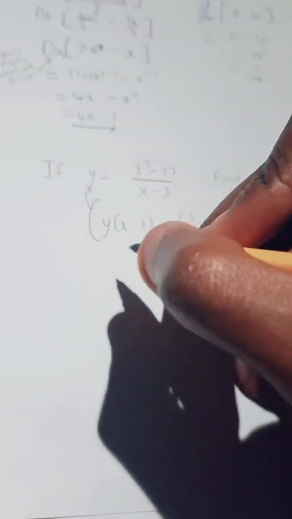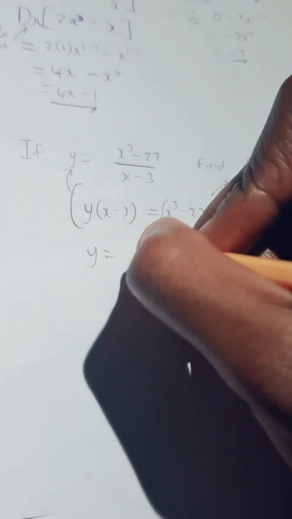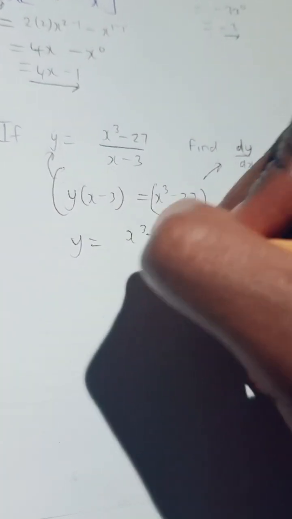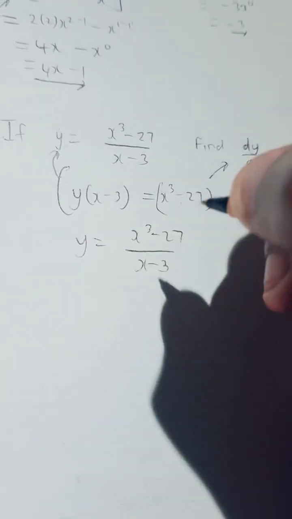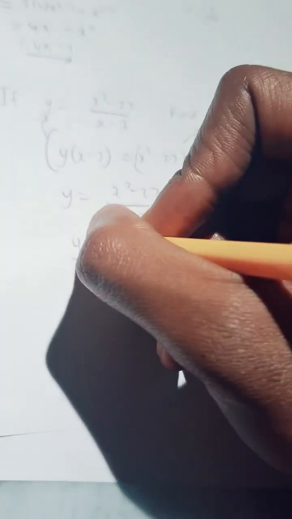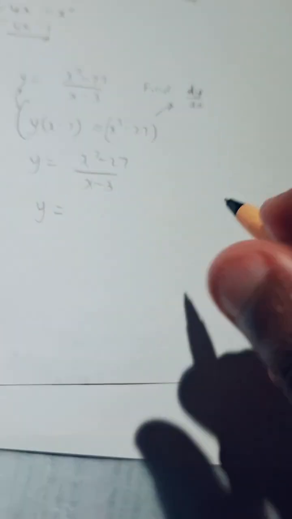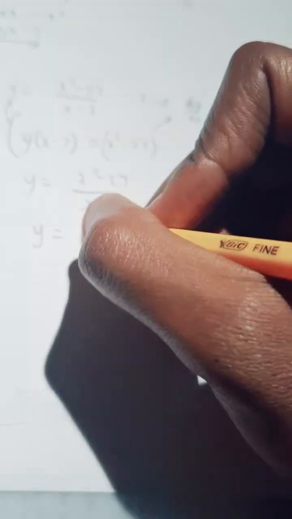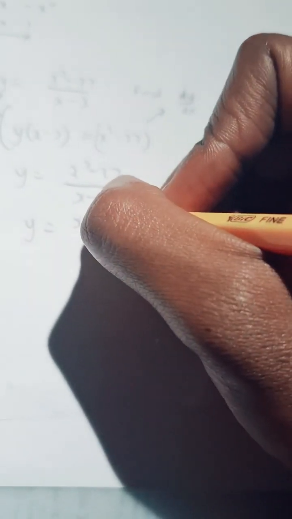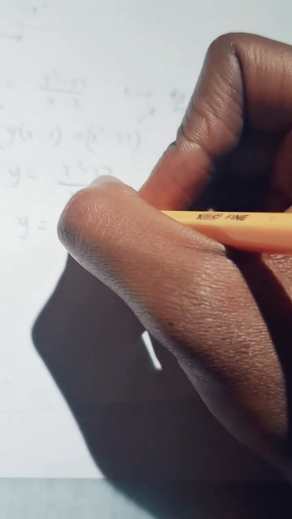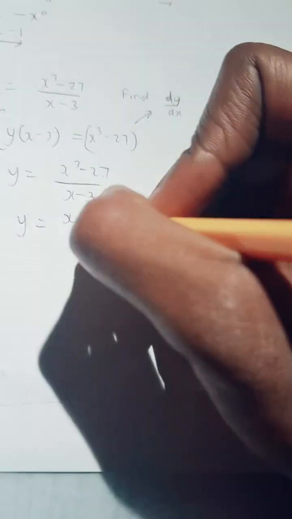So let's come back here. What happens with y is equal to x cubed minus 27 over x minus 3. I'm still going to keep this y and simplify it first, then we'll derive. So x cubed minus 27, we can actually factorize x cubed minus 27. How?